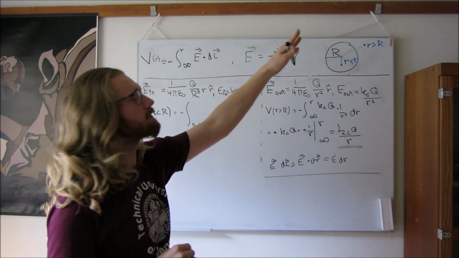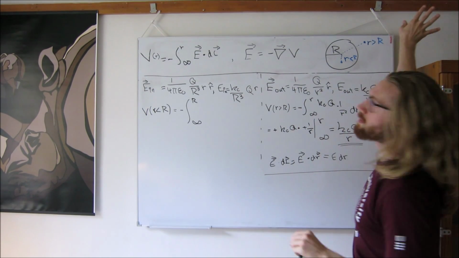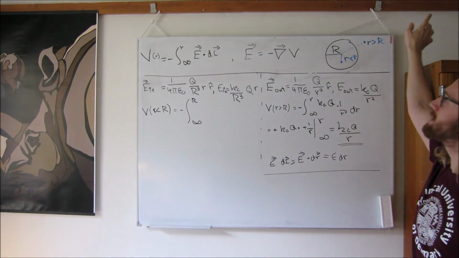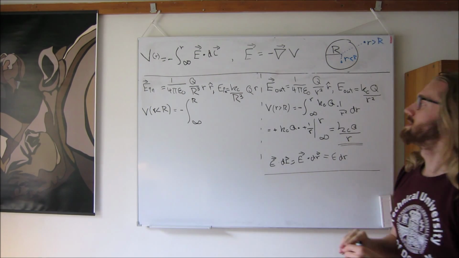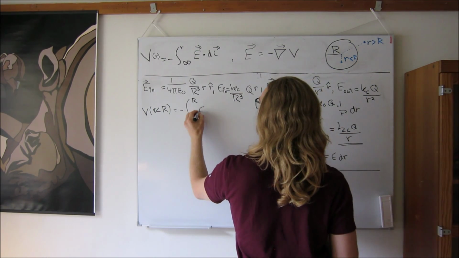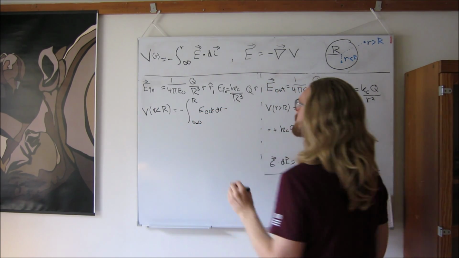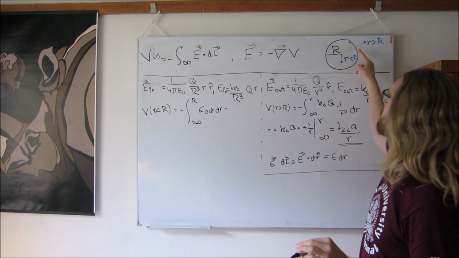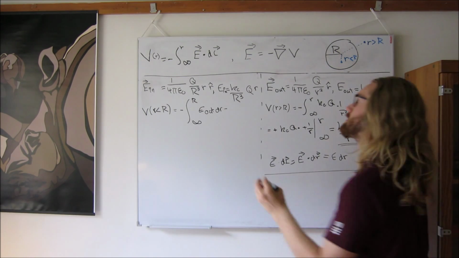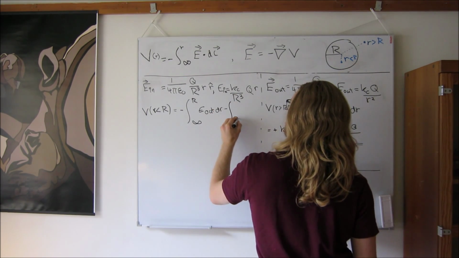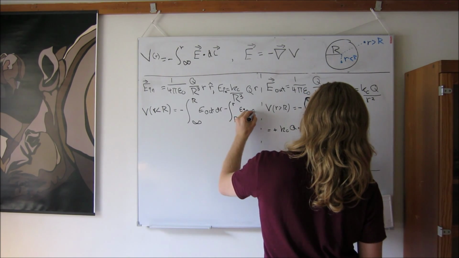First you go all the way from infinity, from far away, and work your way in to the shell, to this surface. And there you have E out dr. But then you have to make your way from this shell, from the radius, into your point where you want to find the potential. So minus the integral from the radius to some point, then you have E in dr.